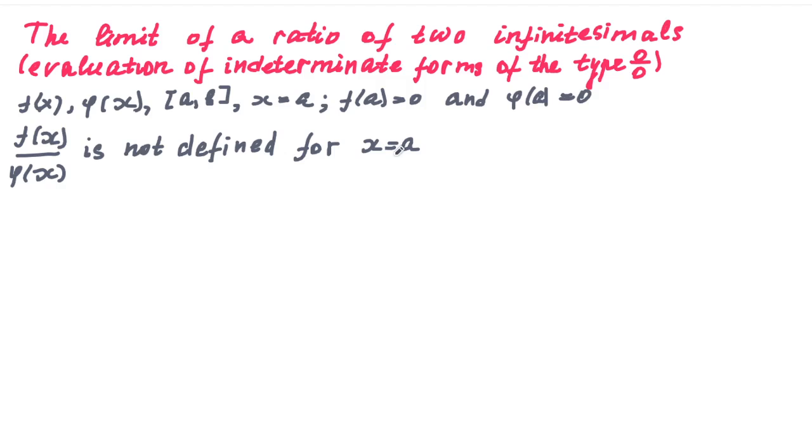Hence, we can raise the question of searching for the limit of this ratio as x approaches a. Evaluating limits of this type is usually known as evaluating indeterminate form of the type 0/0.